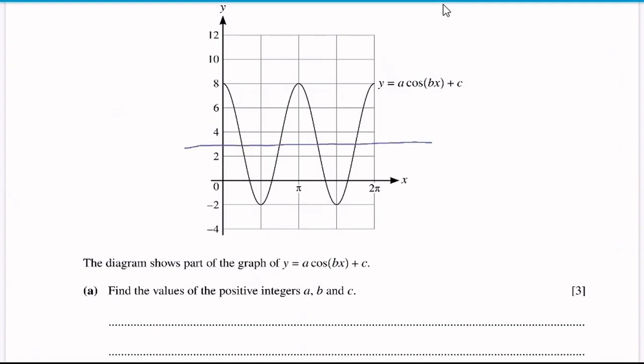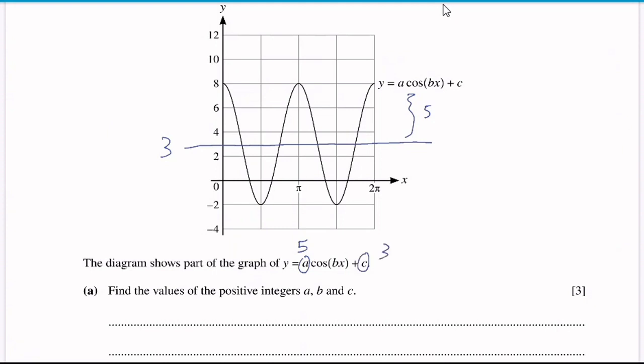This is the middle of that. If the amplitude here is 5, then A is automatically 5 already. Here is a 3, right? So it means that it's being moved up by 3 units for this graph. So the C here is 3.